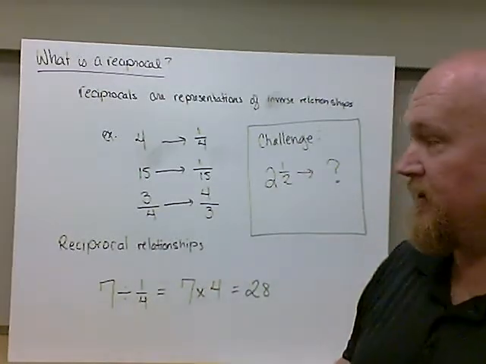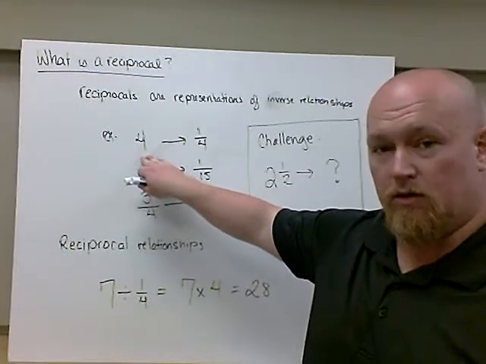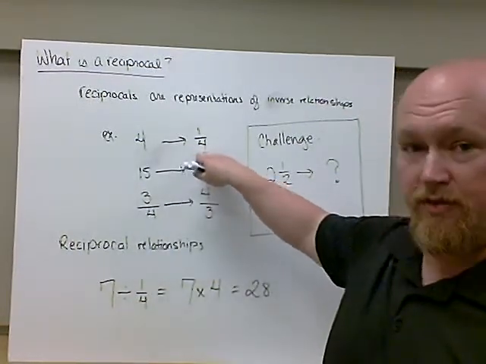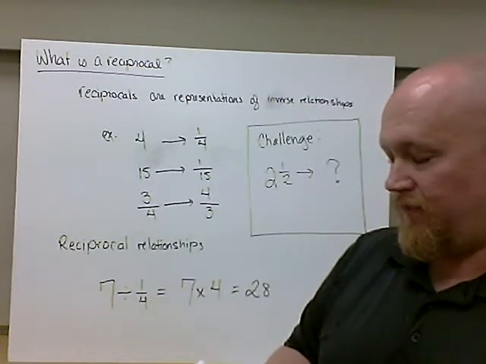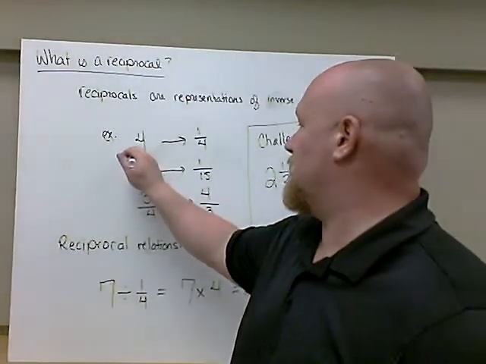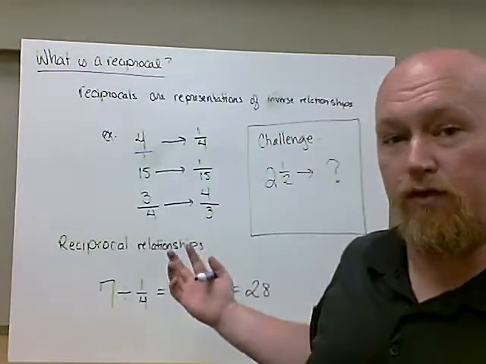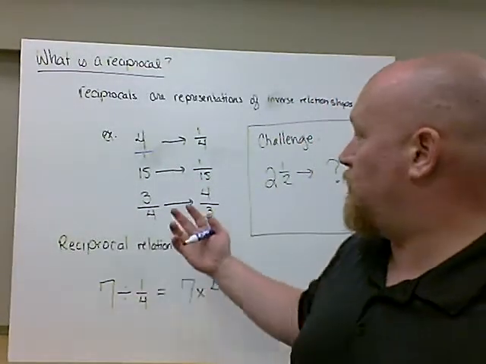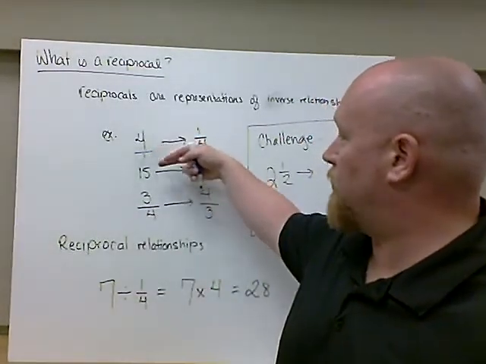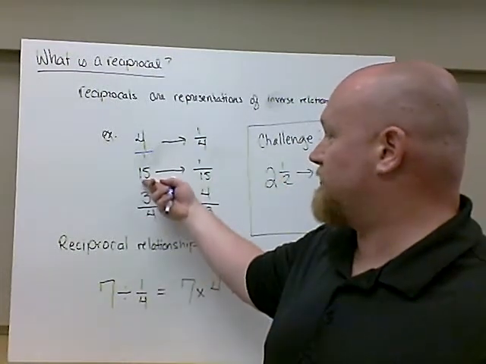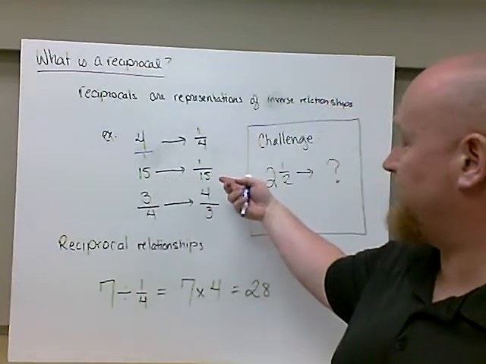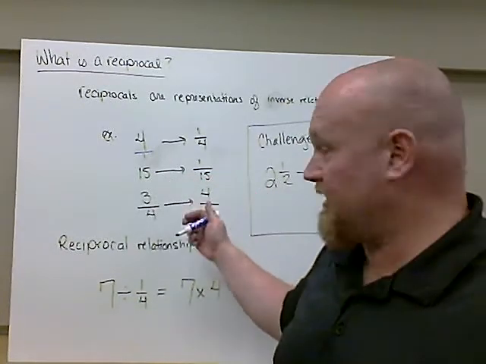So for example, the reciprocal of 4 is 1/4. That's because we know that any whole number, if we put it in fraction form, can be put over 1. So when we take the inverse of 4 over 1, that's 1/4. Likewise, the reciprocal of 15 is 1/15.